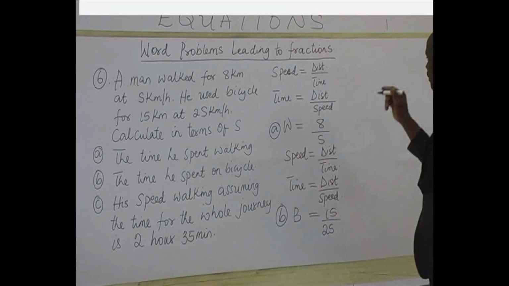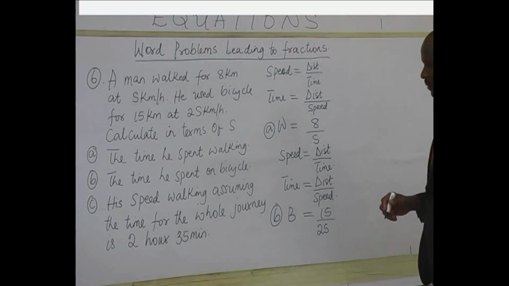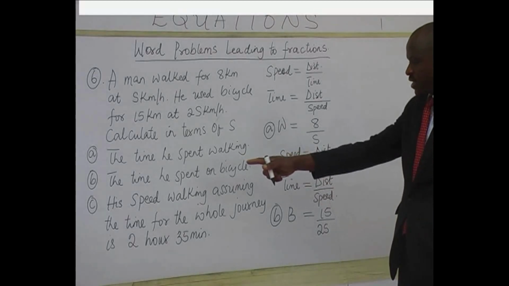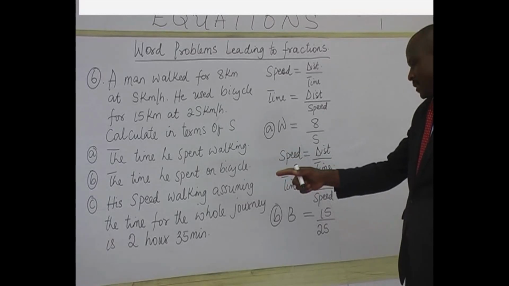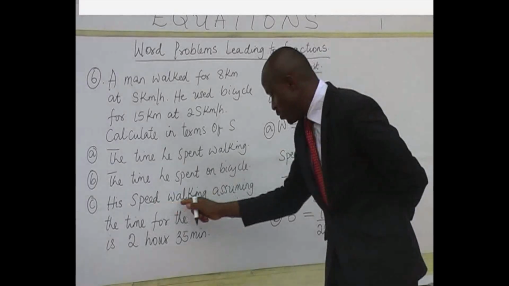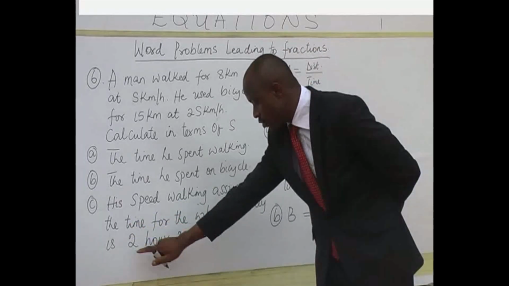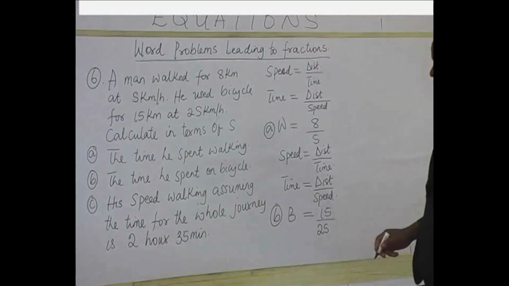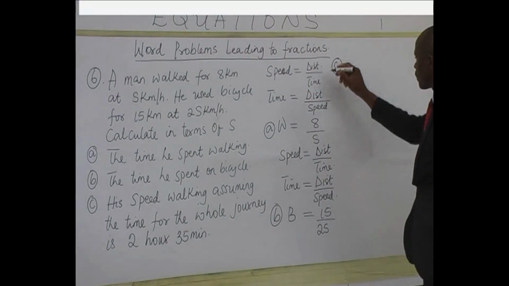Question C is asking for his walking speed, assuming the time for the whole journey is 2 hours 35 minutes.